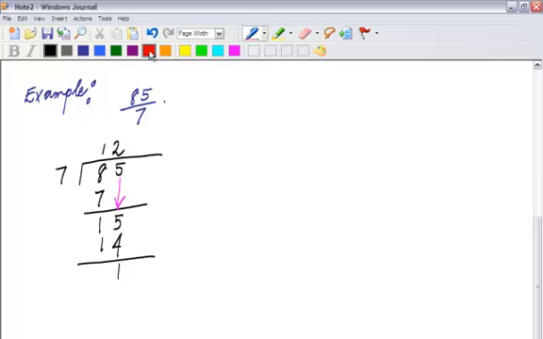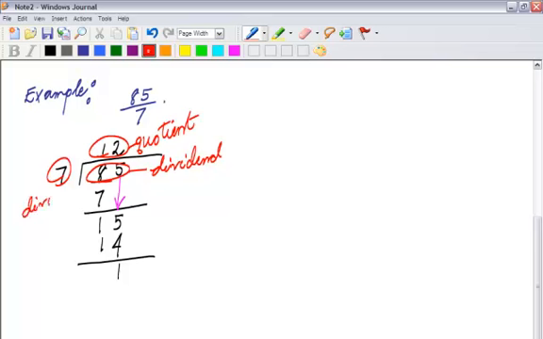So once again, remember, this is my quotient. This is my dividend. This is the divisor, and that's the remainder.